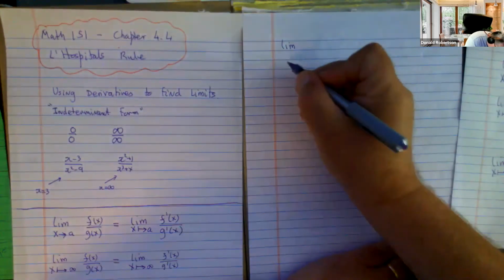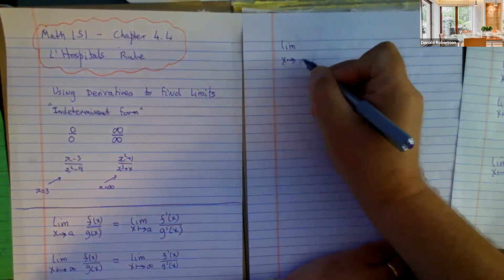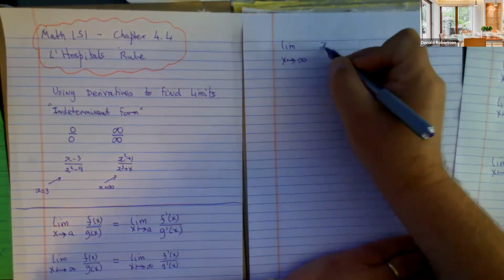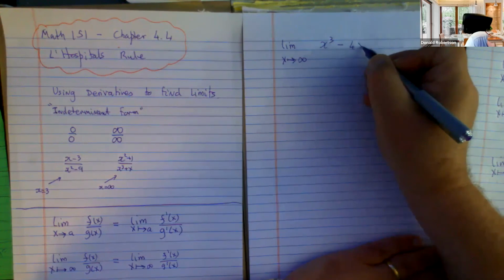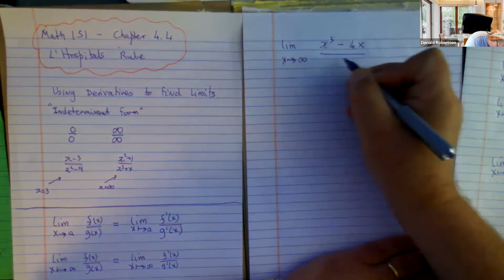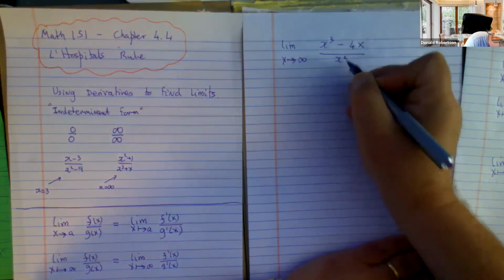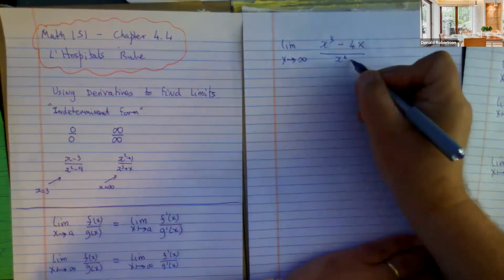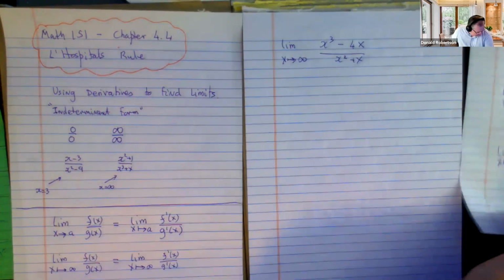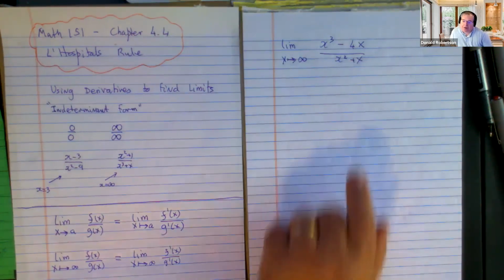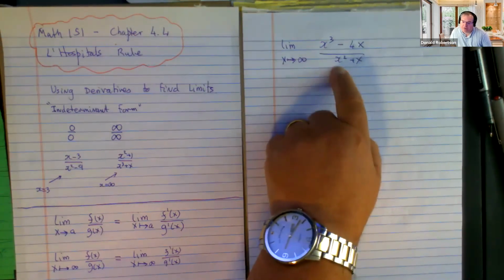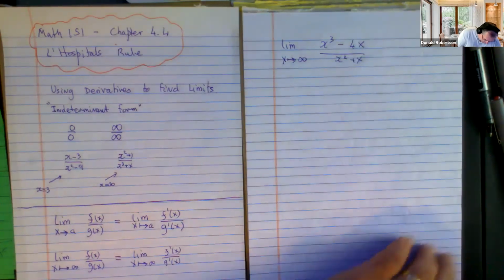So, suppose I wanted to find the limit as x tends to infinity of x cubed minus 4x over x squared plus x. Now, if I plug in infinity, I get infinity over infinity, indeterminate form.